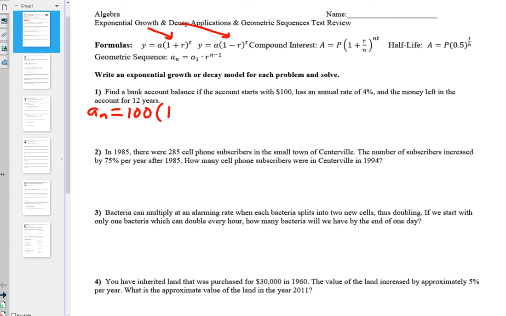But look, this is compounded annually. So you're supposed to put the rate, which is 0.04, and divide it by the number of times it's compounded. But annual, remember we learned just to divide by 1. Annual is once a year, to the power of n times.